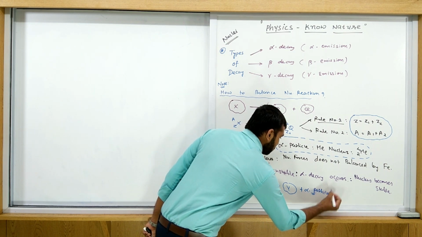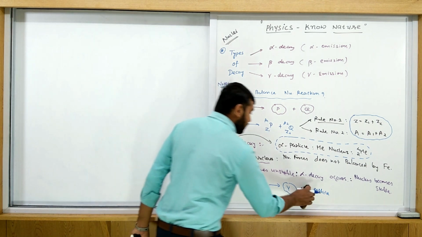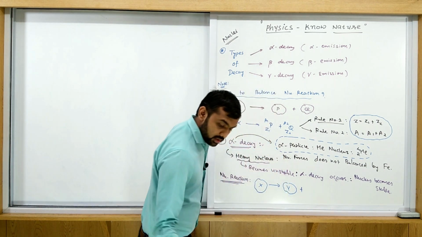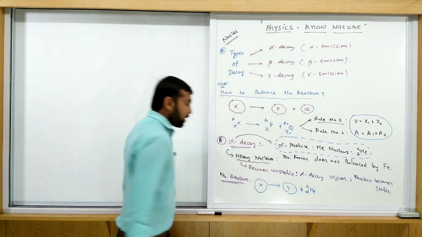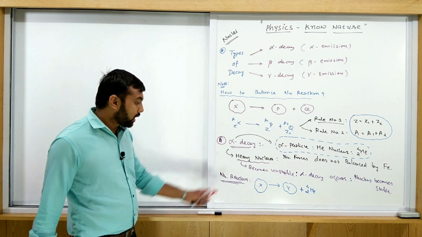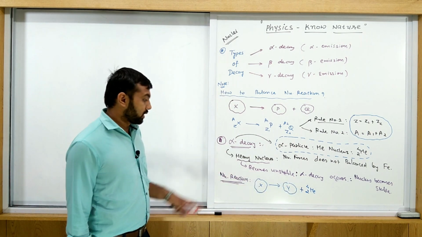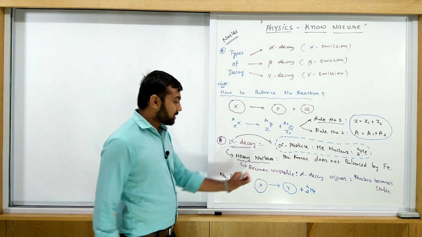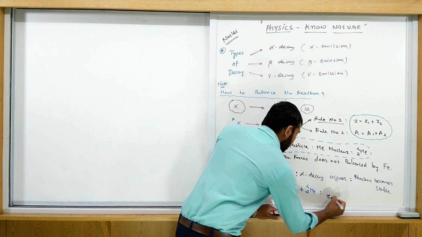The alpha particle is a helium nucleus, 2He4. Then how do you balance this equation? This is the nuclear process. So consider the element X written like this, Z X A.